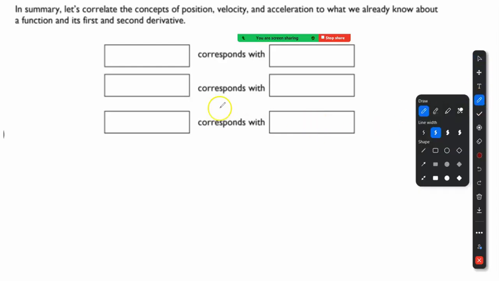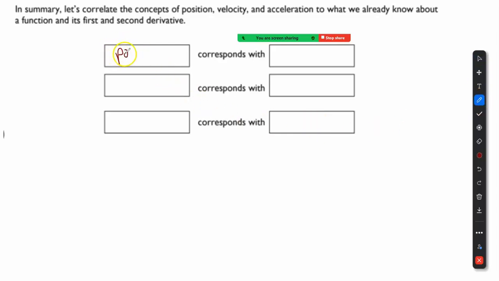Okay, so to summarize what we talked about, if we start with position, and that is our original function, or f, the rate of change of position is velocity.